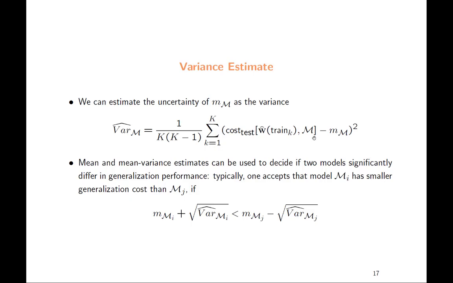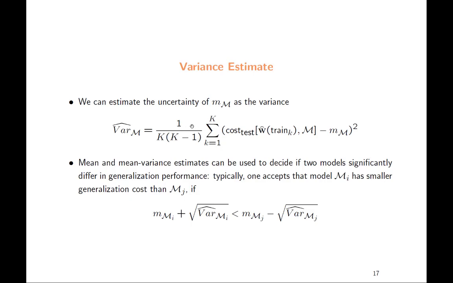So you take the difference between the test set performance of your model and subtract the mean and take the square and sum over all the different experiments, and then you divide by k and k minus 1.